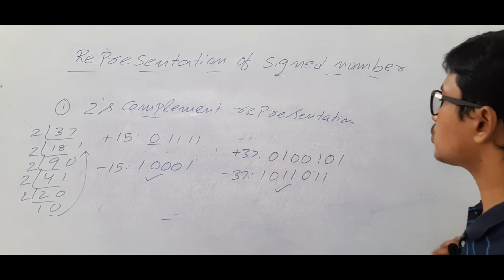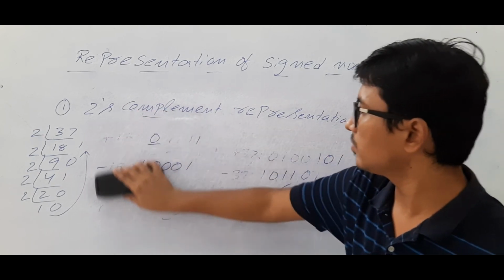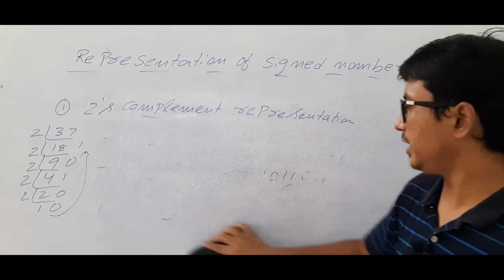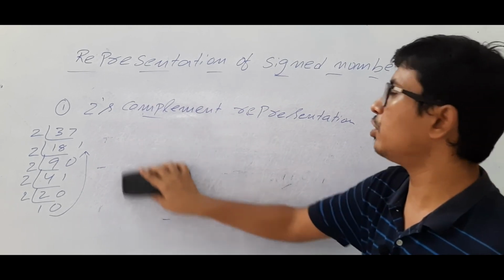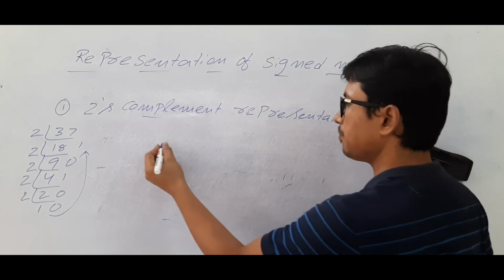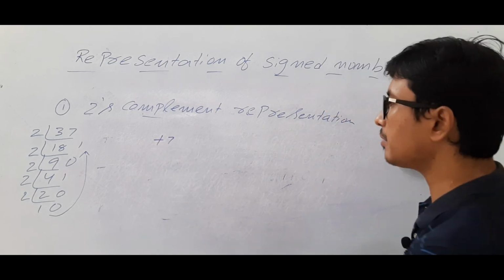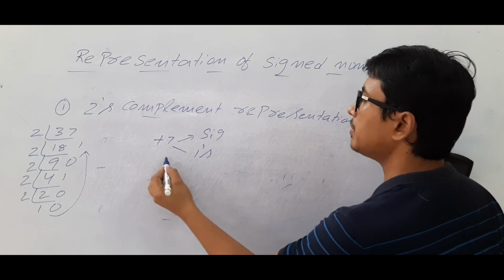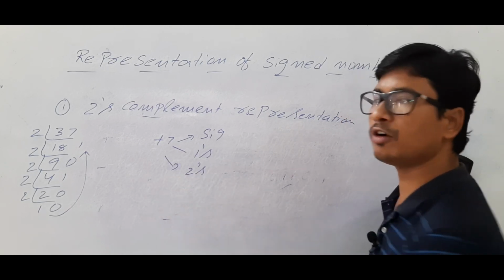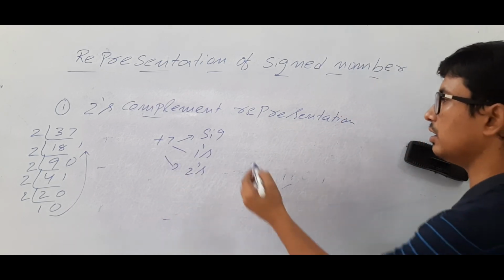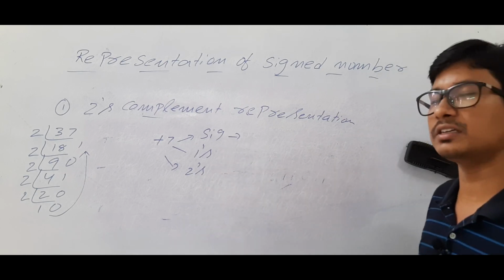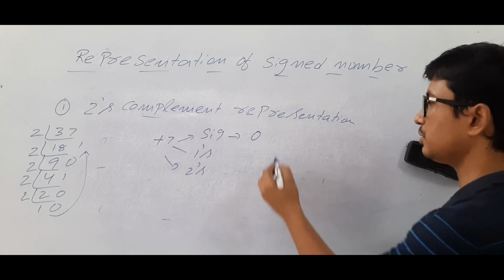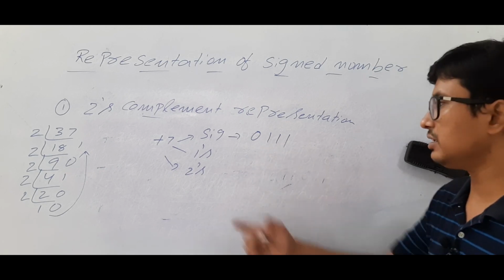Now let me discuss one important point. If you observe, any positive number like plus 7, if I represent it in sign magnitude or ones complement or twos complement form, it is the same. Am I right or wrong? How I represented plus 7 in sign magnitude: as it is a plus number, the sign bit I have taken 0, and 3 ones for 7.